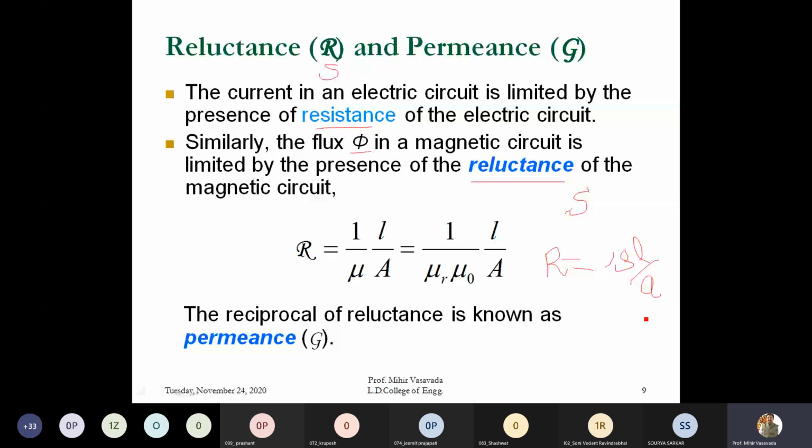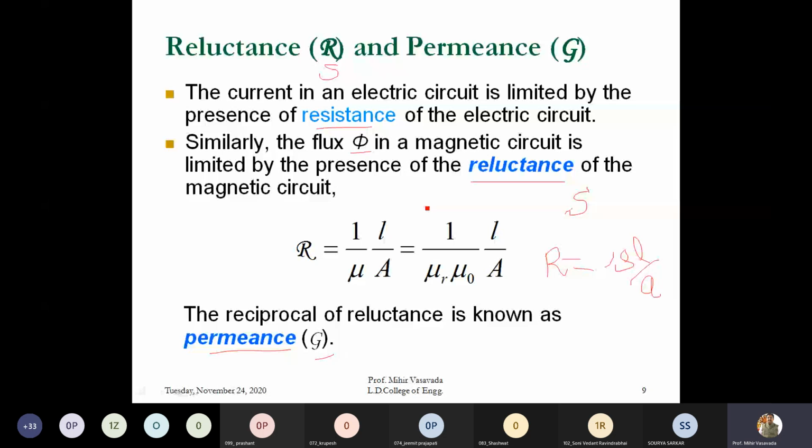Similarly here, reluctance S or R is 1 upon mu times L by A, where mu is permeability, which is given by mu0 into mu R. And the reciprocal of reluctance is known as permeance, that is G.